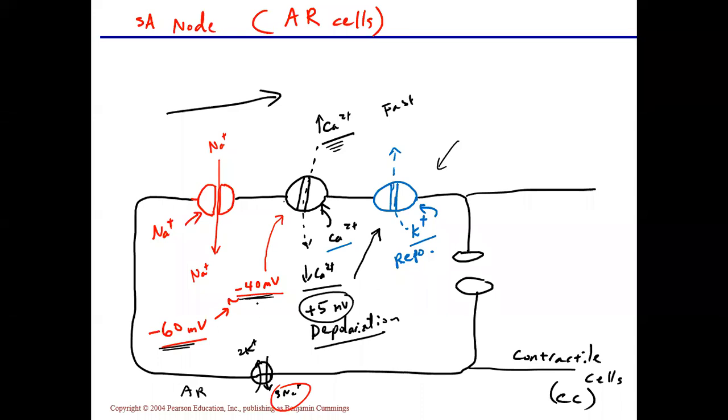A slow depolarization from here to here is called a pacemaker potential, or a slow depolarization. All right. So it's once again, number one, a slow entry of sodium. They don't just come in a lot and cause the major depolarization. Very little bit at a time comes in. All right.